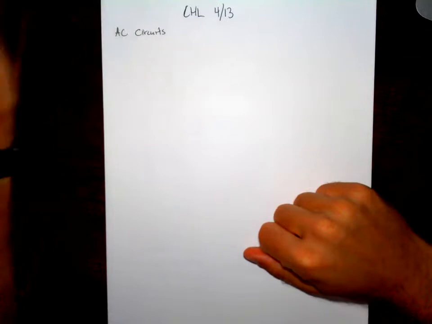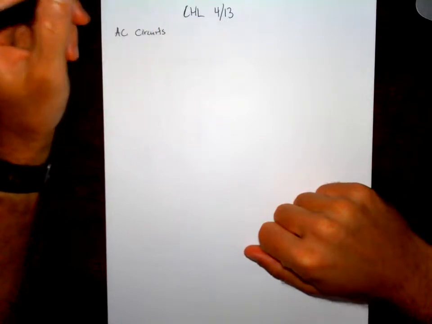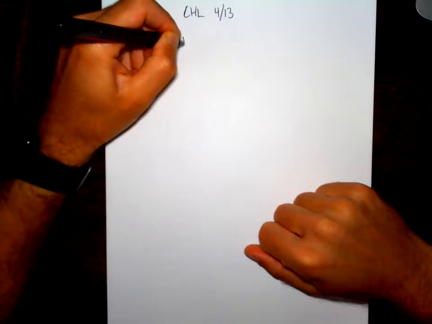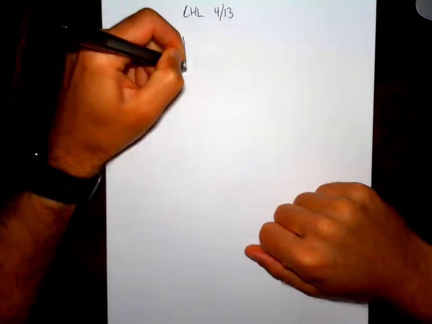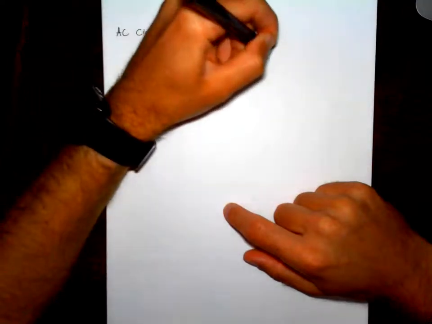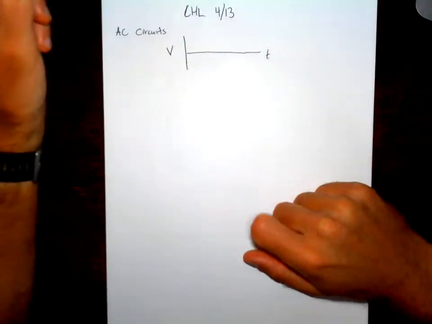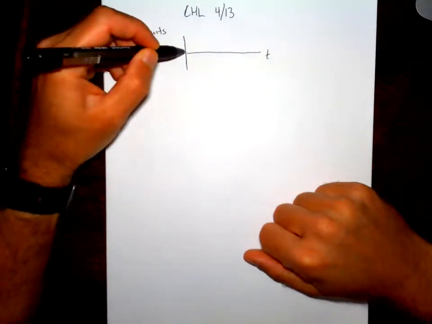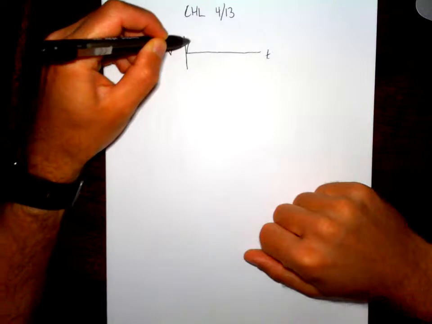So, AC circuits. What is an AC circuit? Well, an AC circuit is one where the voltage as a function of time looks like either a sine or a cosine.